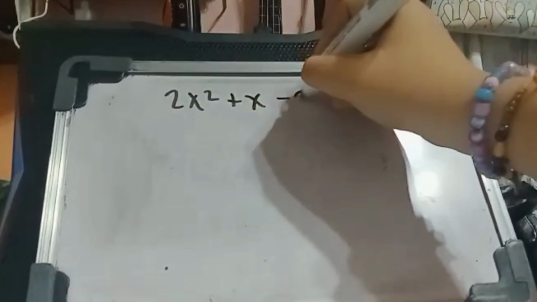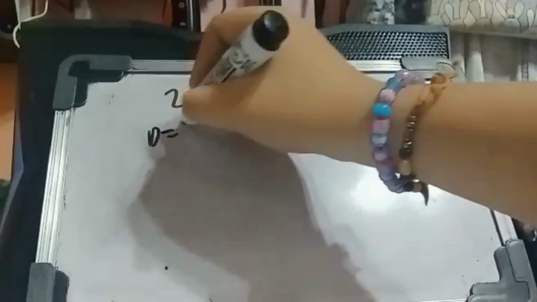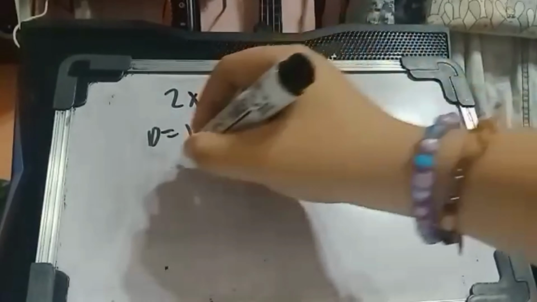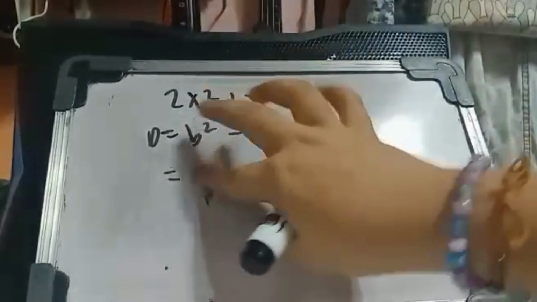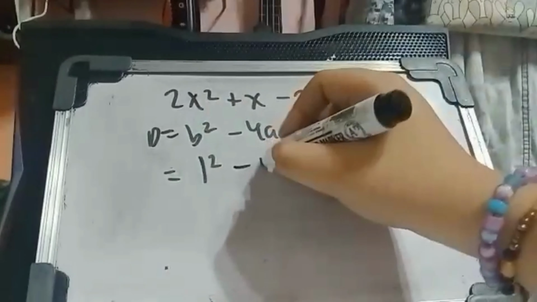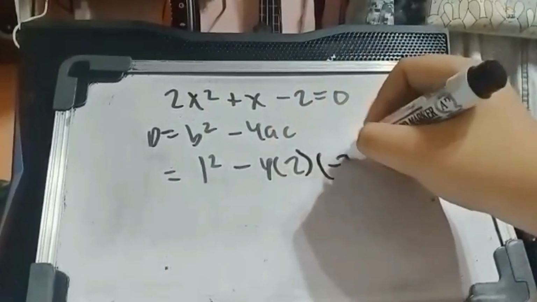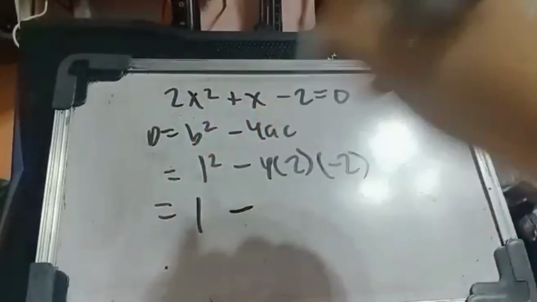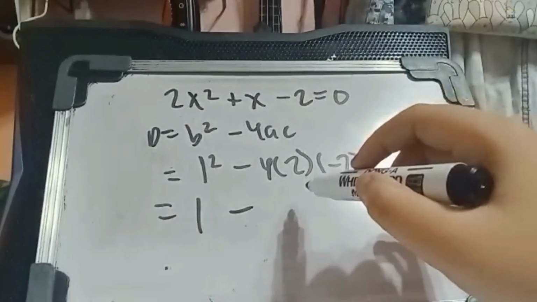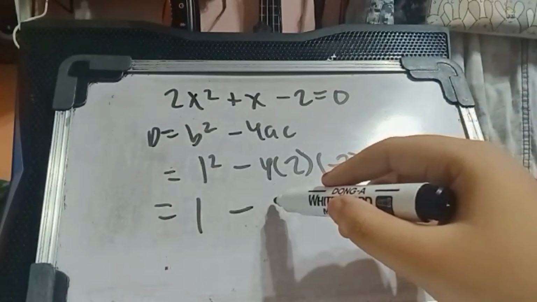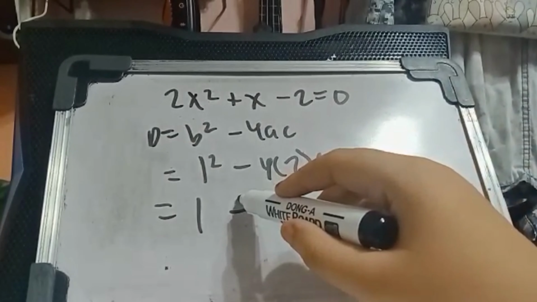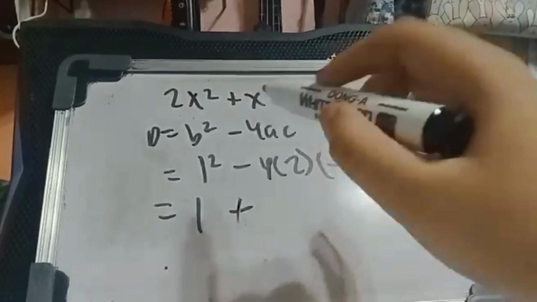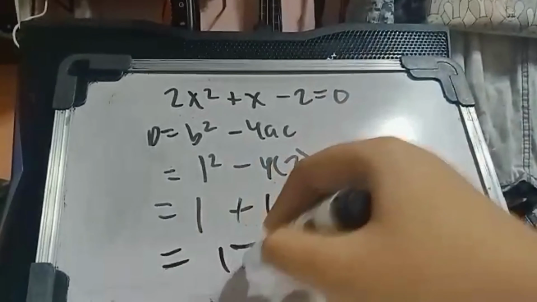Okay, next. Doon naman tayo sa, ito, try natin. 2x squared plus x minus 2 is equal to 0. Okay, 1 squared minus 4, 2, negative 2, minus negative 8, positive 16 is equal to 17.